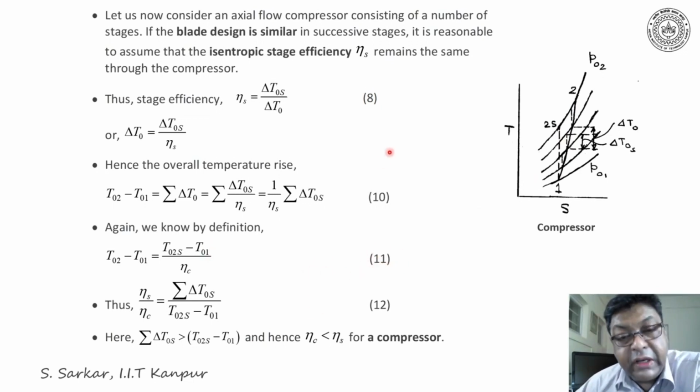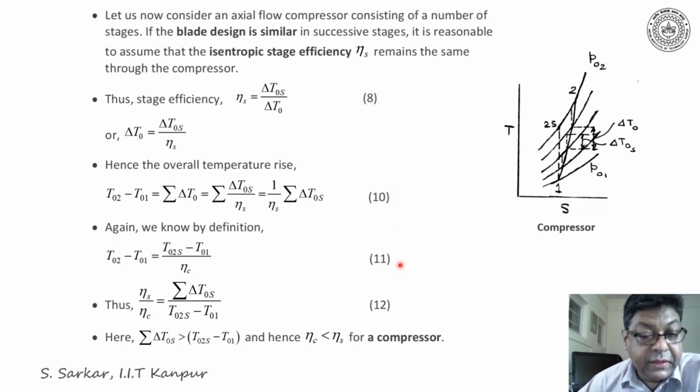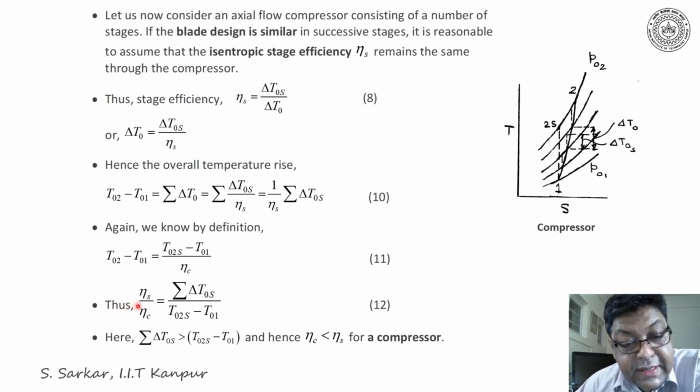Now, if we equate equation numbers 10 and 11, I can write eta S by eta C is equal to sigma del T0S divided by T02S minus T01. Now look, the constant pressure lines in the TS diagram are diverging.